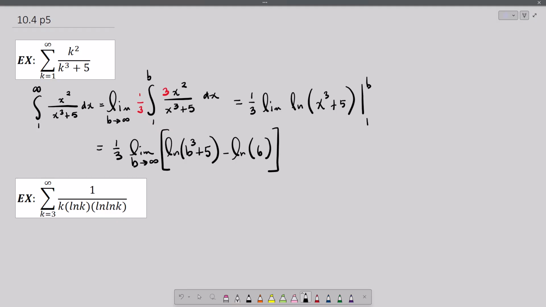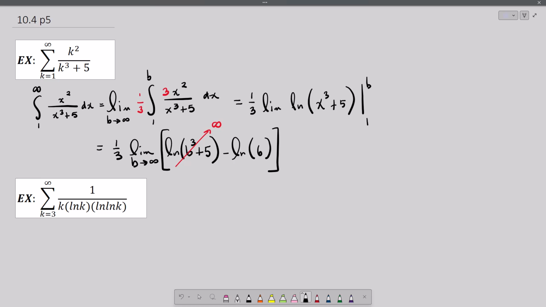That first expression, natural log of b cubed plus 5, as b goes to infinity, that's the inside of a log. A log we know goes to infinity slowly, but it's still going to infinity. So we have infinity minus a constant, which is still infinite.